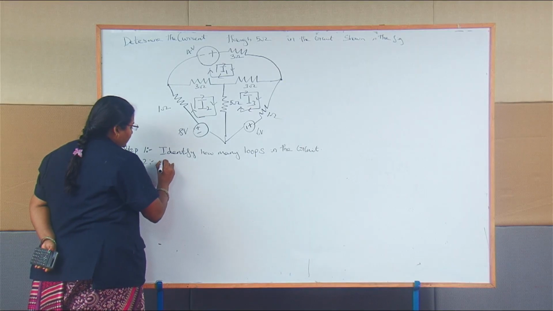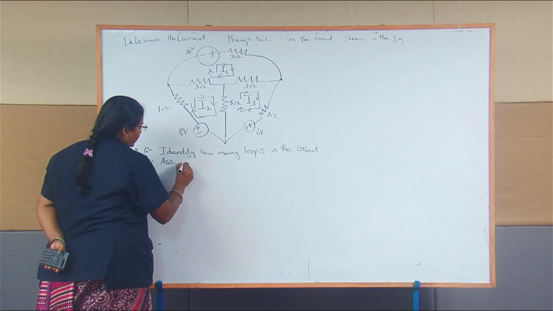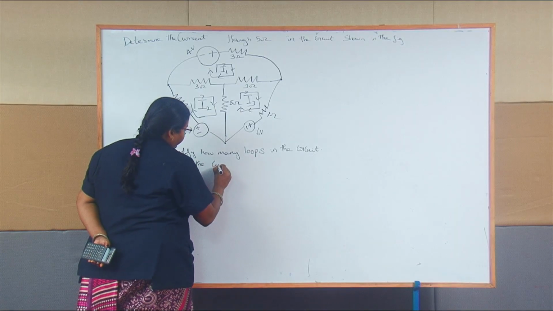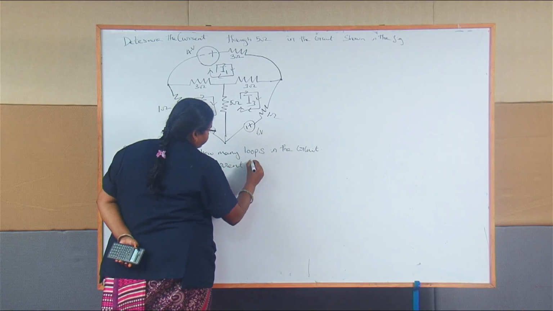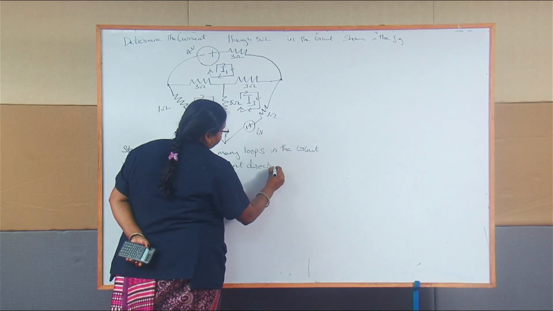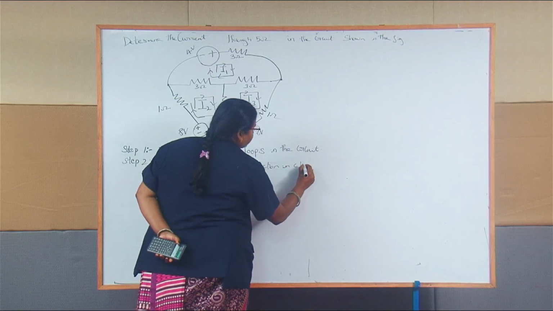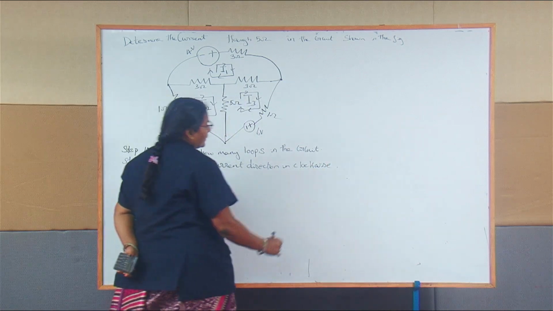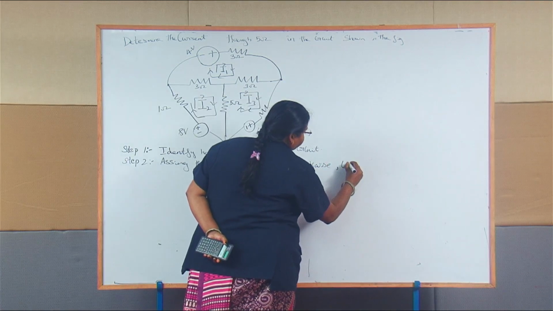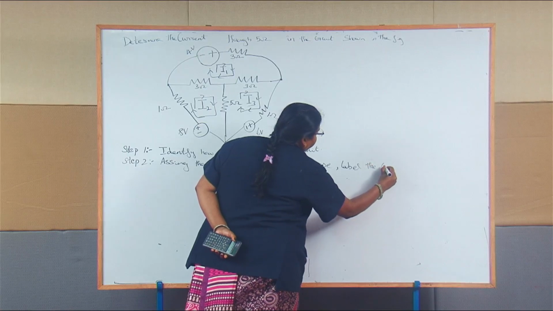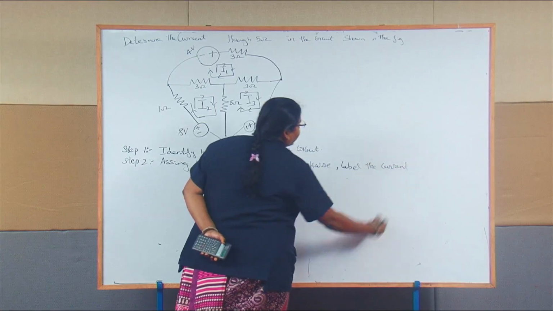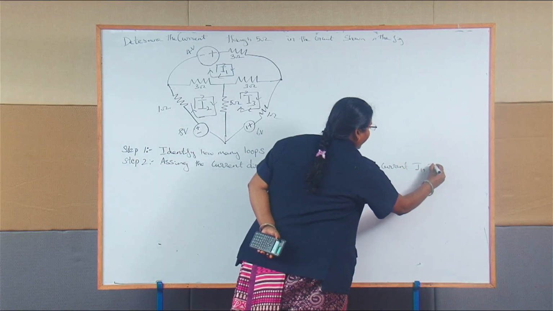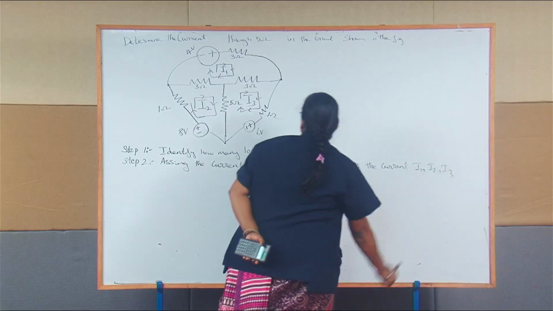So I labeled and assigned the current direction in clockwise, and labeled the current at each loop: I1, I2, I3.